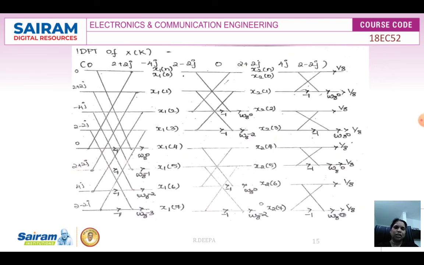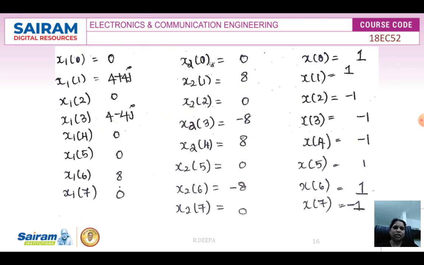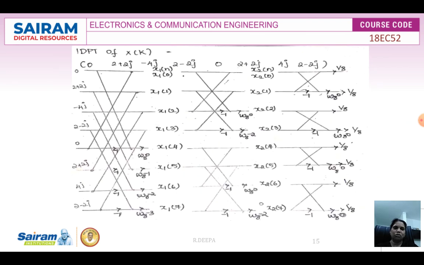Once you generate the second stage output, give this as an input for the third stage and generate the third set of output, and each and every output of the last stage has to be multiplied with 1 by 8. So at last we are getting the output as 1, 1, minus 1, minus 1, minus 1, 1, 1 and minus 1. These outputs will be available in the bit reversed order.